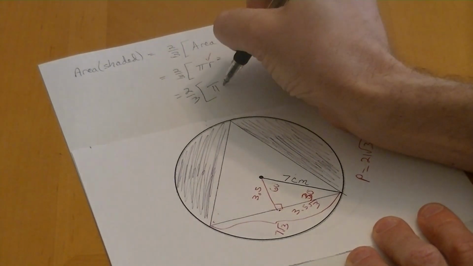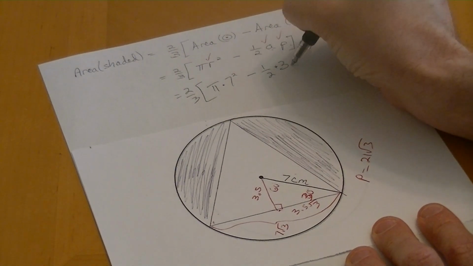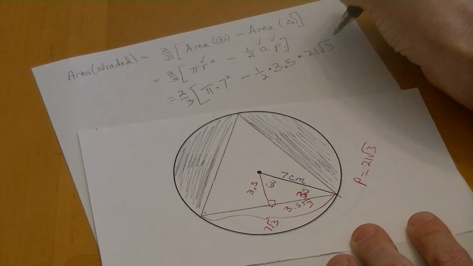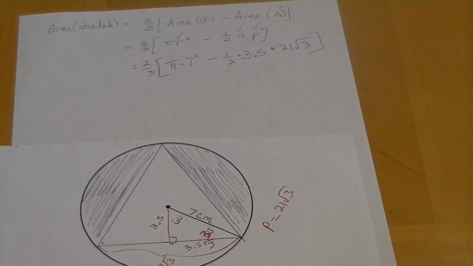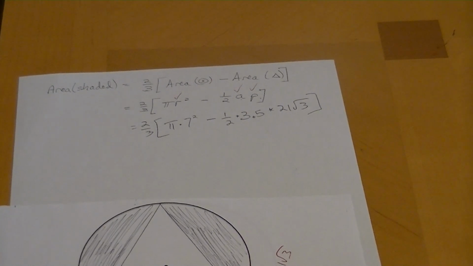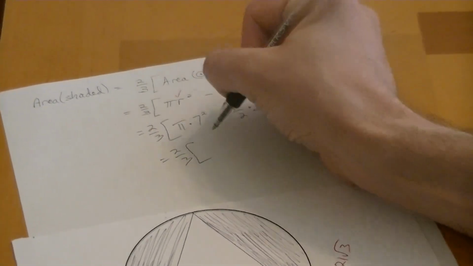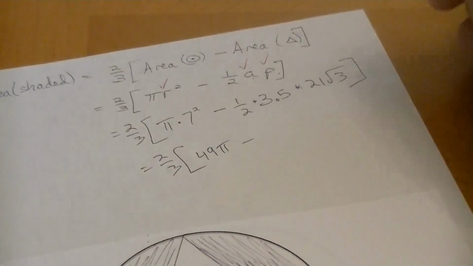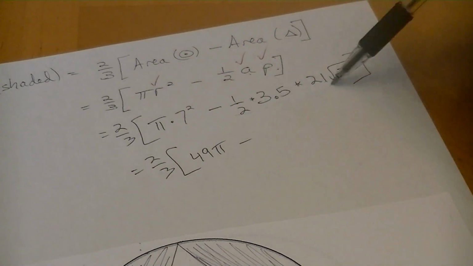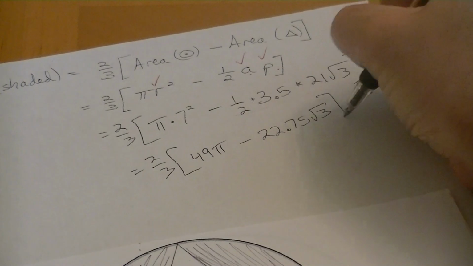2/3 of pi times 7 squared minus 1/2 times the apothem from my picture times the perimeter, 21 root 3. I'd probably do a little bit of simplifying here first. Let me grab my calculator and type in a couple things. I'll tell you what I typed in. So let's see. I would change pi times 7 squared to exactly 49 pi. And then 1/2 times 3.5 times 21, just to simplify all that, comes out to be 22.75, but I also have that factor of root 3.